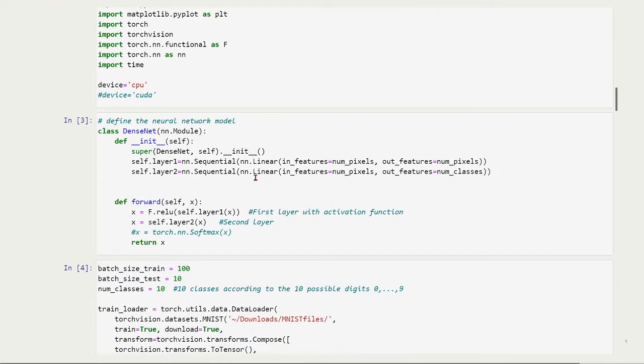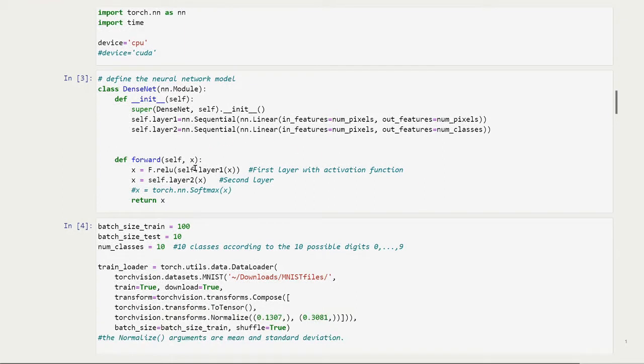Here we are defining the neural network model, and we see that we are using a very similar structure as we used before. We have two fully connected layers. The first layer has the input features equal to the number of pixels, and the output features also equal to the number of pixels. The second layer has the input features equal to the number of pixels and the output features equal to the number of classes, like we did before.